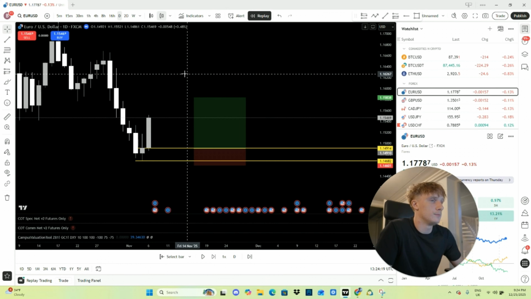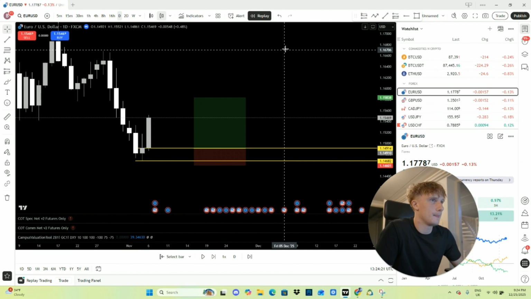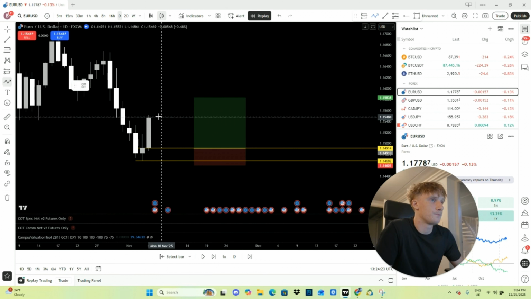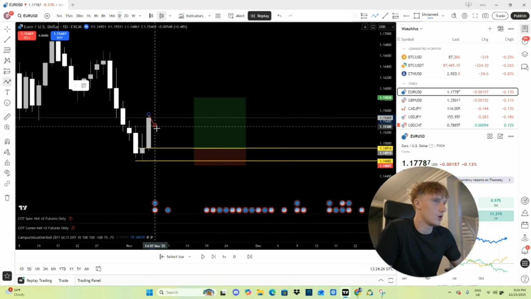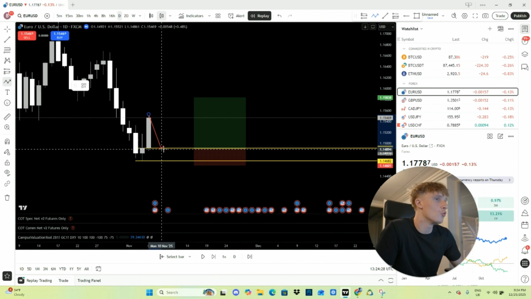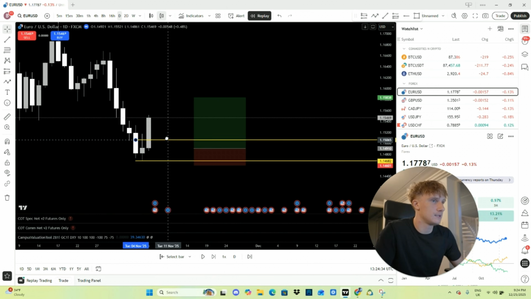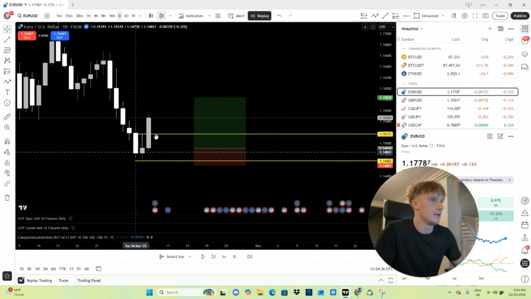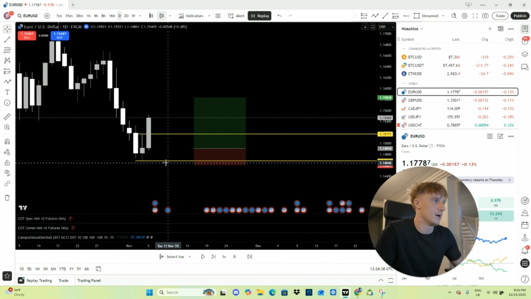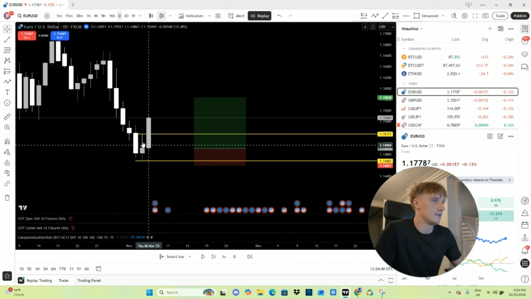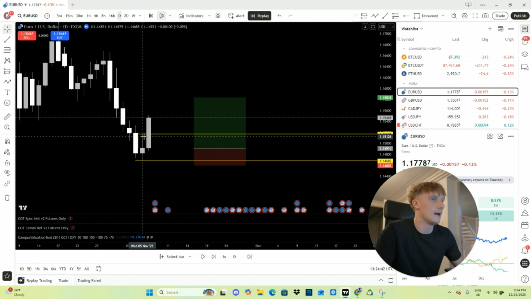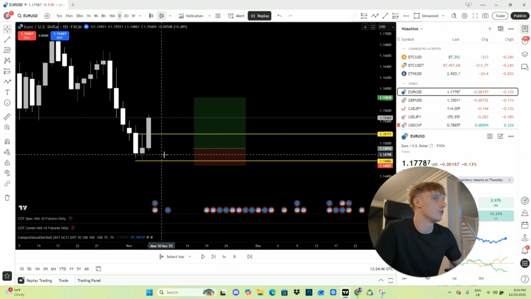Now, the trade-off is that there is a lower chance that price comes all the way down here before it moves higher, right? Because remember, this is our zone, and this is our base. So we know that there are resting buy orders somewhere in here, but we don't know where.